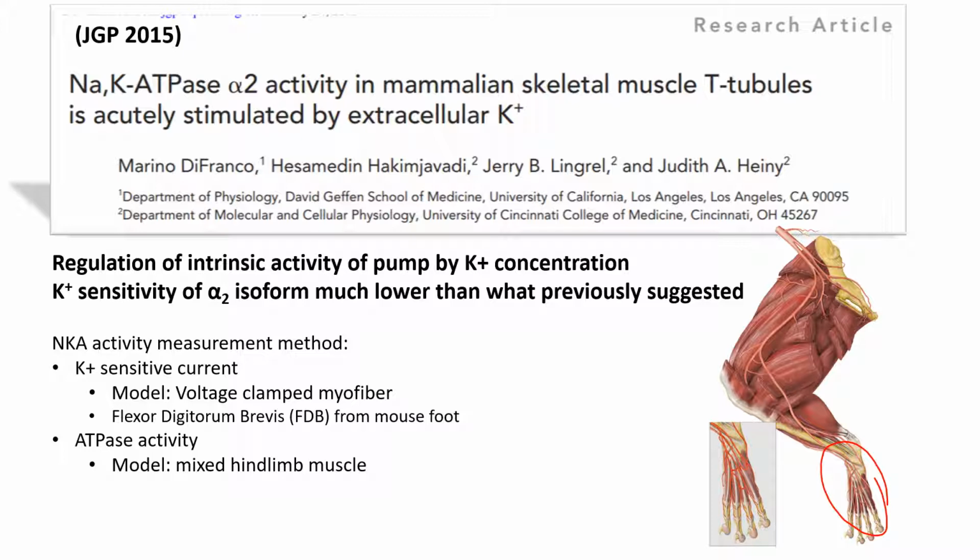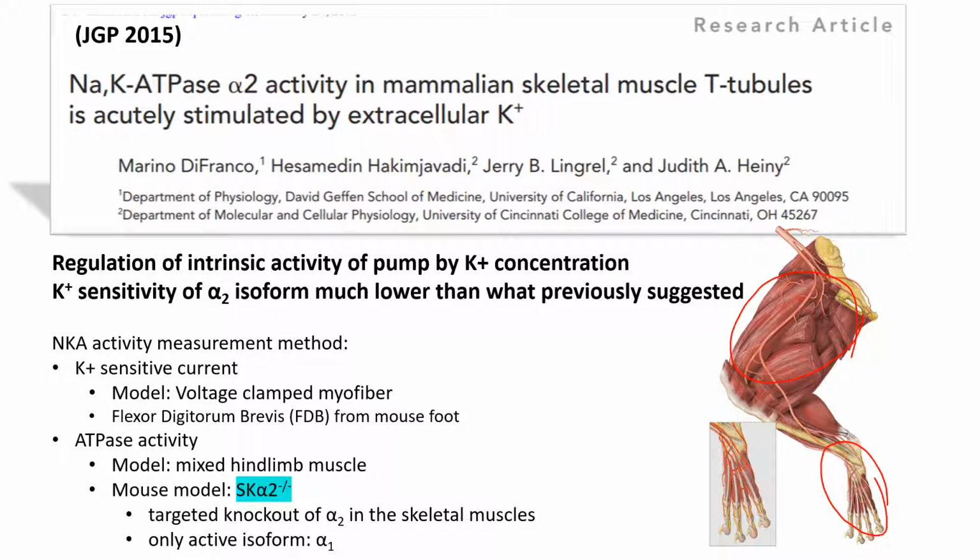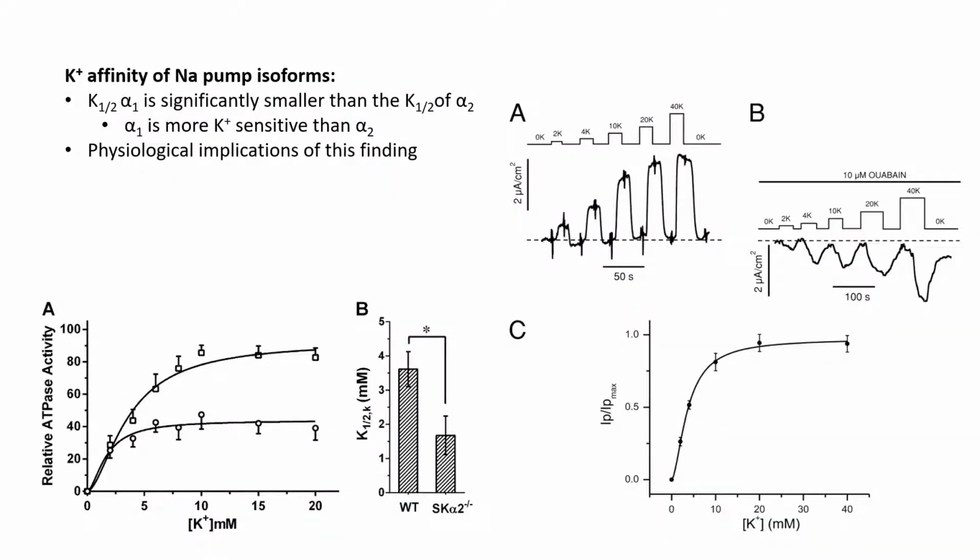And the second method was to measure Na,K-ATPase activity in mixed hind limb muscle from mouse. The mouse model that we used in this study was wild type and skeletal muscle alpha-2 knockout, which is a targeted knockout of alpha-2 in skeletal muscle. And in this model, alpha-1 is the only active isoform in skeletal muscle.